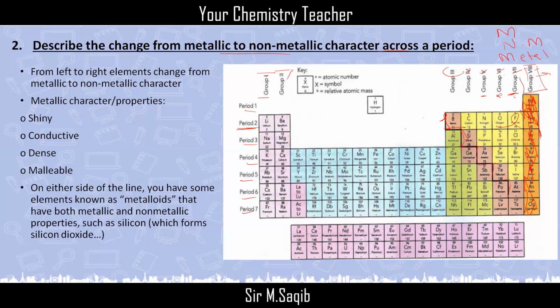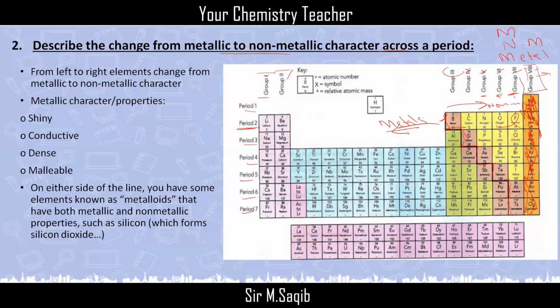The elements on the left of this line are metals, and the elements on the right of this line are non-metals. But there are some elements given the color pink. They are metalloids. They link the metals and non-metals, so they share the characters of both metals as well as non-metals.